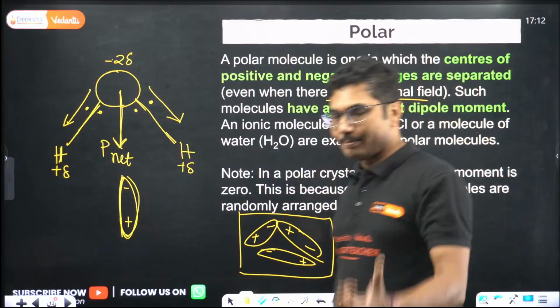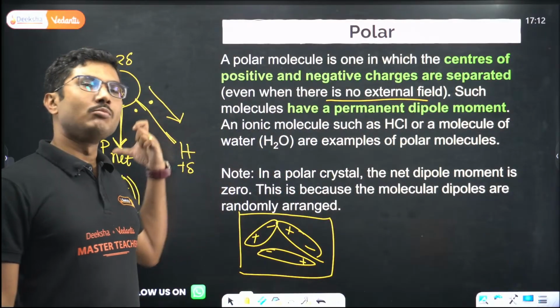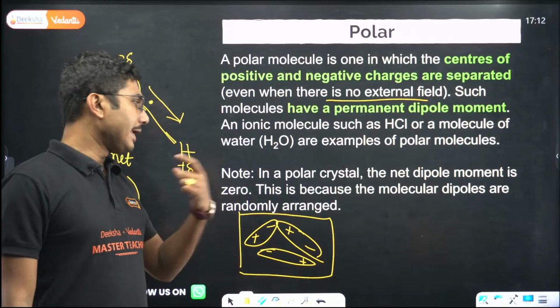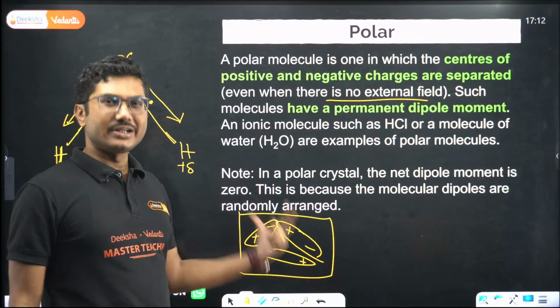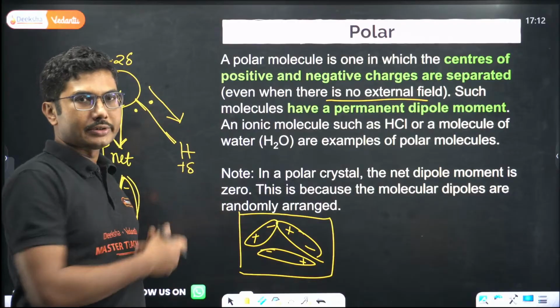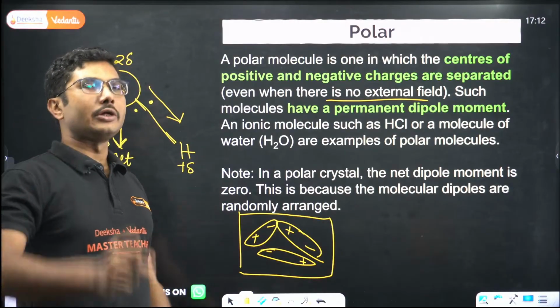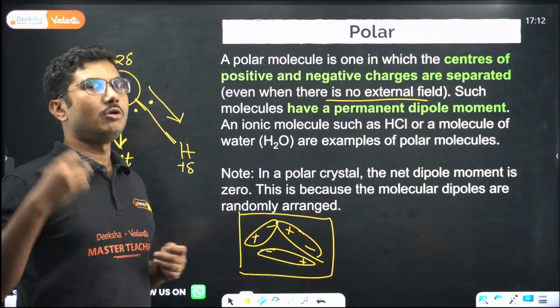So that is a major difference between polar and non-polar. Polar molecules have a molecular dipole moment, but they have 0 dipole moment at the crystal or bulk level, where multiple molecules are present. In case of non-polar, even a single molecule does not have any dipole moment.